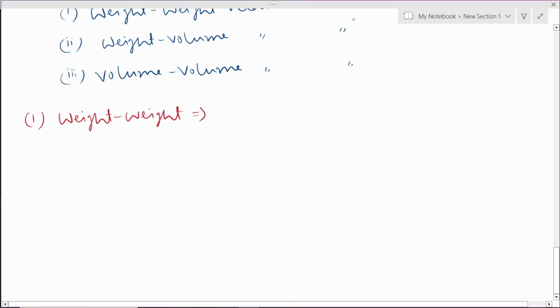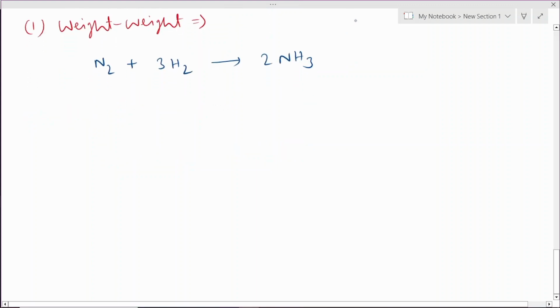For these calculations, the limiting reagent concept is applied. So what is that? We will understand by an example. Suppose this reaction: N2 plus 3H2 to give 2NH3. Here it is 1 mole, 3 mole to give 2 moles of NH3.